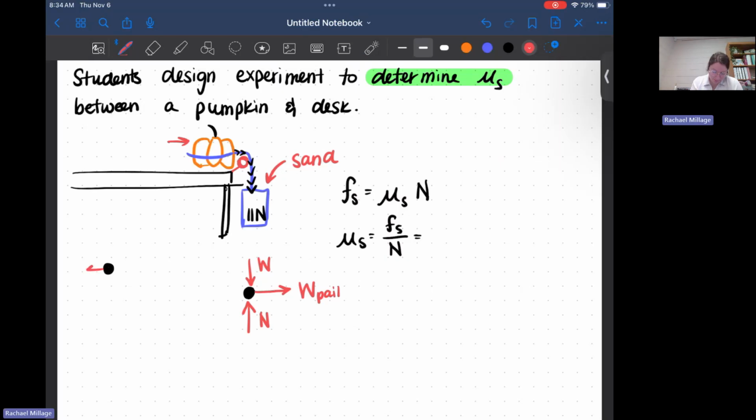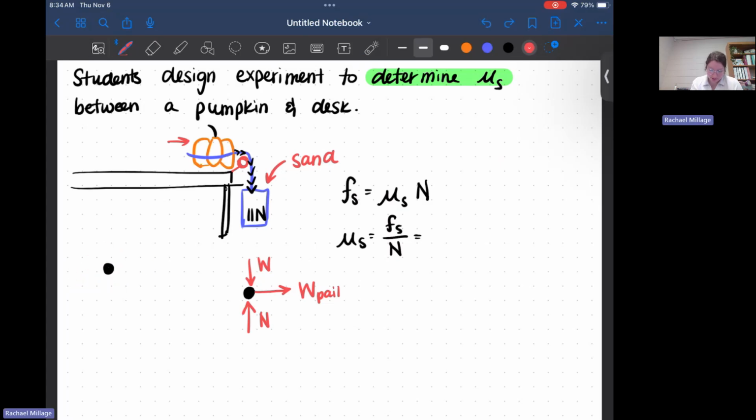we have something that looks like this. We have its weight, we have the normal force, we have static friction, and then we have the weight. And as soon as these things equal out, then it starts to move.